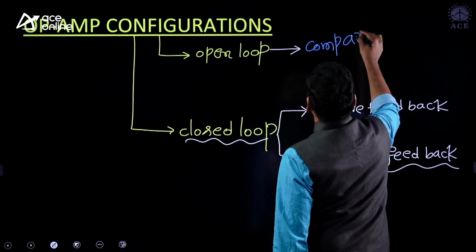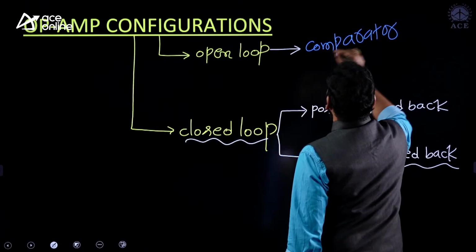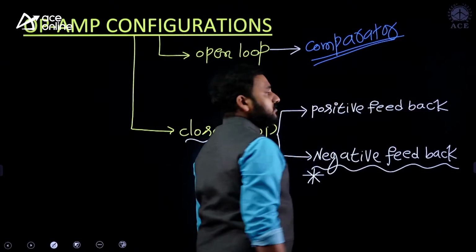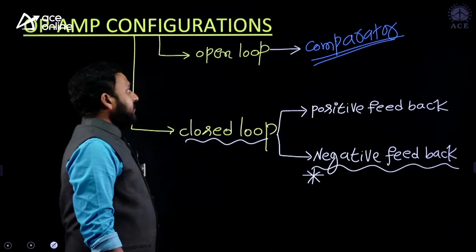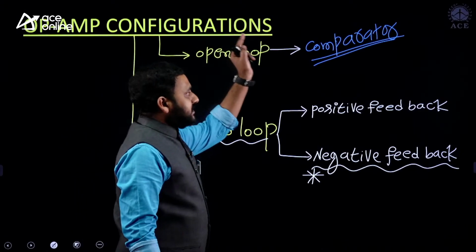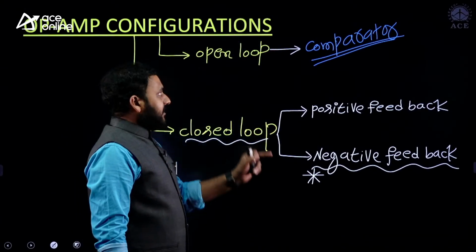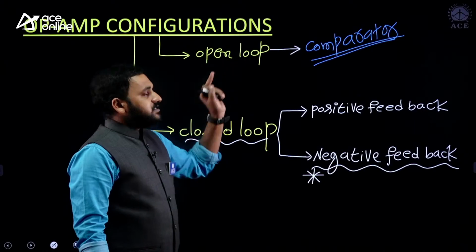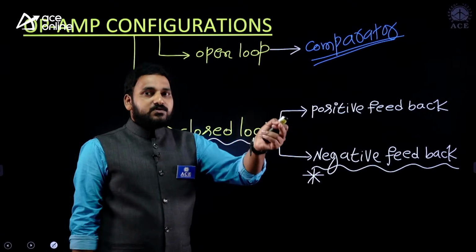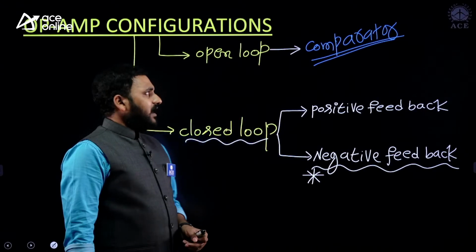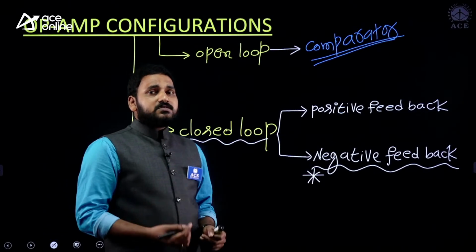Again, there are 2 types, inverting and non-inverting comparator. Based on the situation, I will explain it. But in open loop, finally it acts just like a comparator, and accordingly the output of the system will be either plus V saturation or minus V saturation, and sometimes it may be 0 if the inputs are the same.